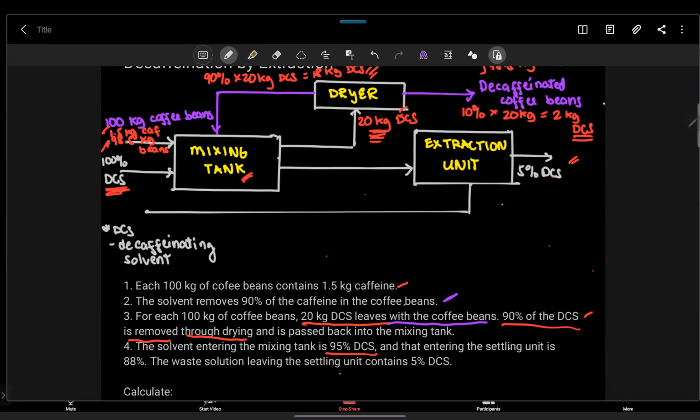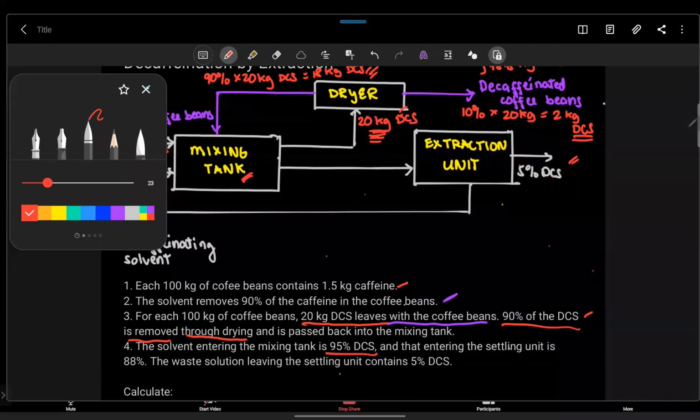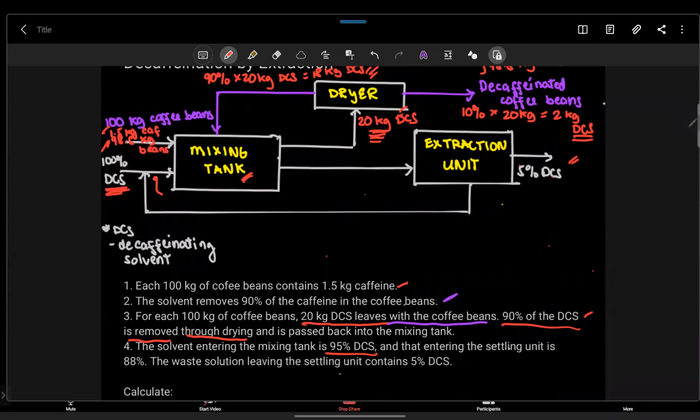So yung fresh feed natin, it's actually not our main feed but our solvent. So yan yung recycle natin. And ang sabi sa number 4 ay 95% daw to. So this one is 95% DCS.